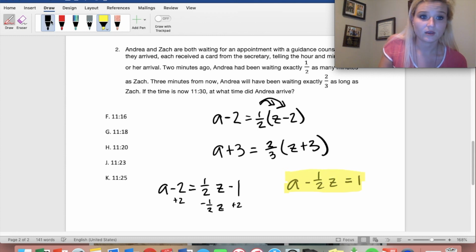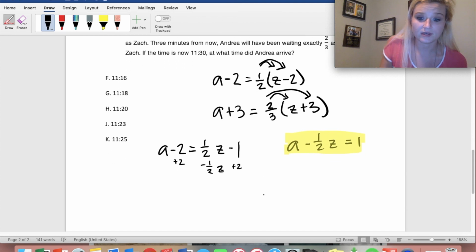Then we're going to do the same thing with this second equation and distribute the 2/3. So that will give us a plus 3 equals 2/3 z plus 2/3 times 3 is going to be 6/3, which will reduce to just 2.